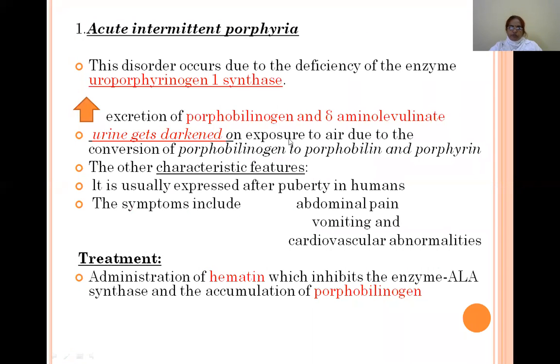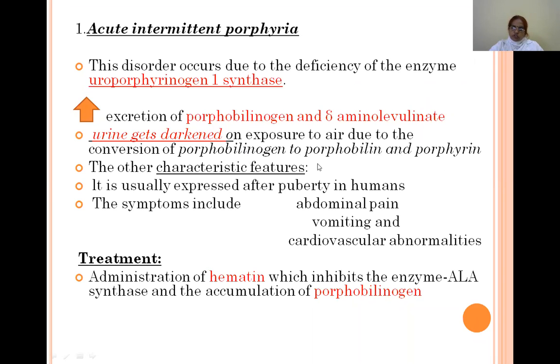Acute intermittent porphyria is mainly due to the deficiency of uroporphyrinogen I synthase. In this condition, there is increased excretion of porphobilinogen and ALA, that is delta aminolevulinate, and urine gets darkened when exposed to the air, as porphobilinogen converts to porphobilin and porphyrin.